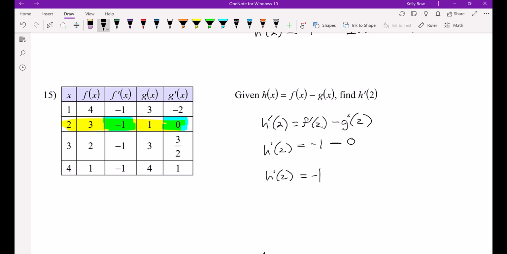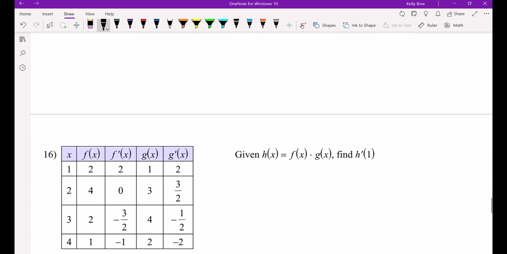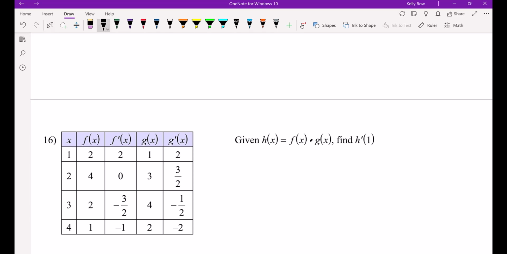Okay, it gets a little bit more complex when you've got a product rule. Remember, the product rule says f times g prime plus g times f prime, and then we're at the x value of 1.